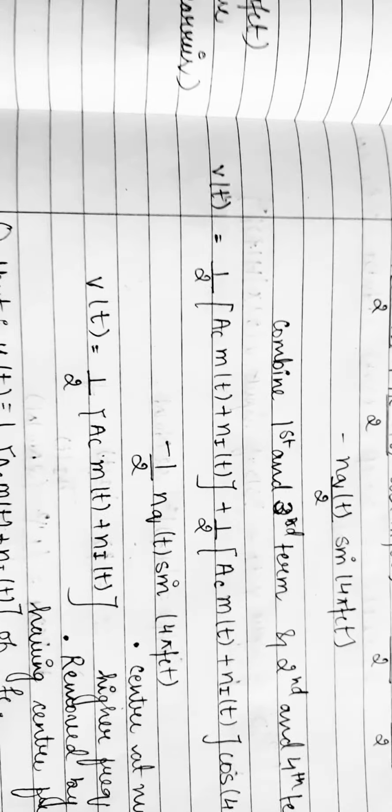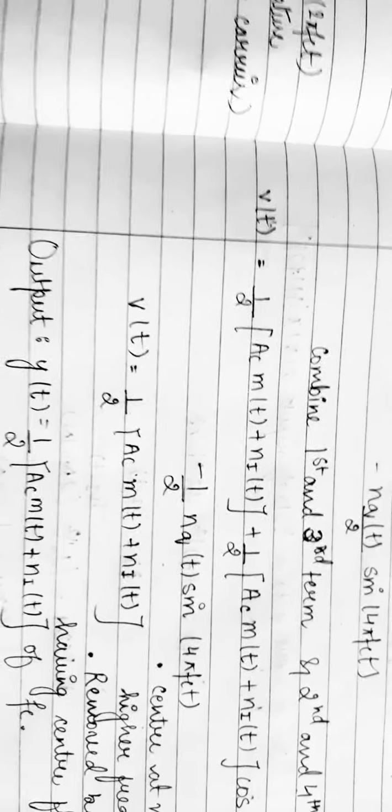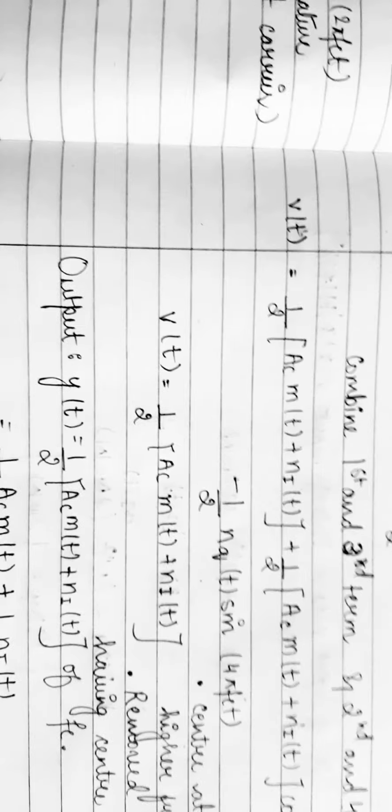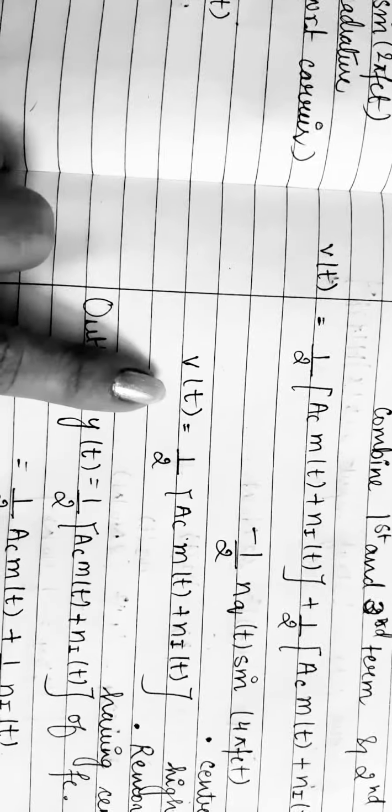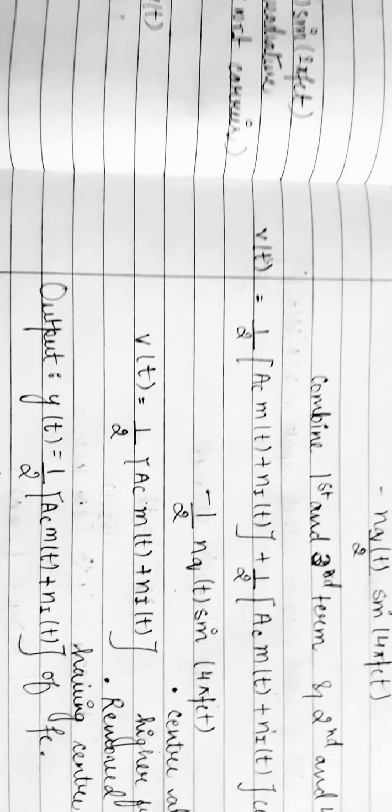Now since your low pass filter will discard the high frequency components, the component at twice f_c will be removed by your low pass filter having its cutoff at f_c. So we get at the output 1/2 A_c m(t) plus n_I(t).